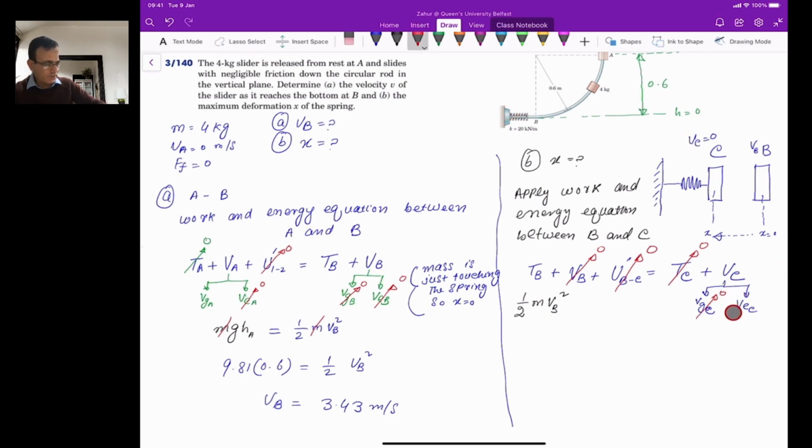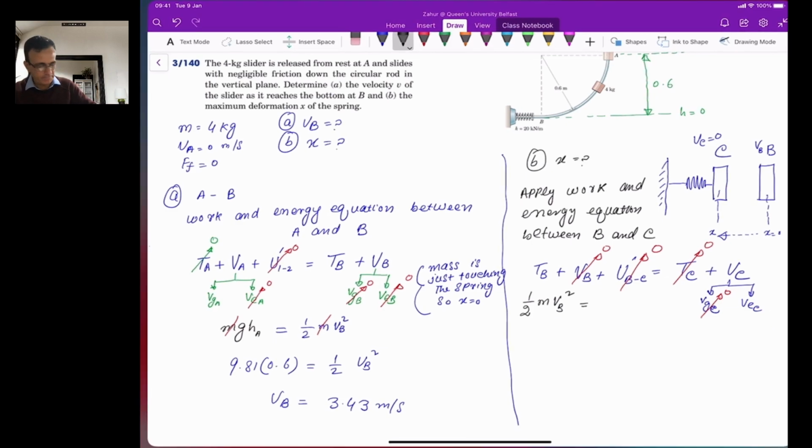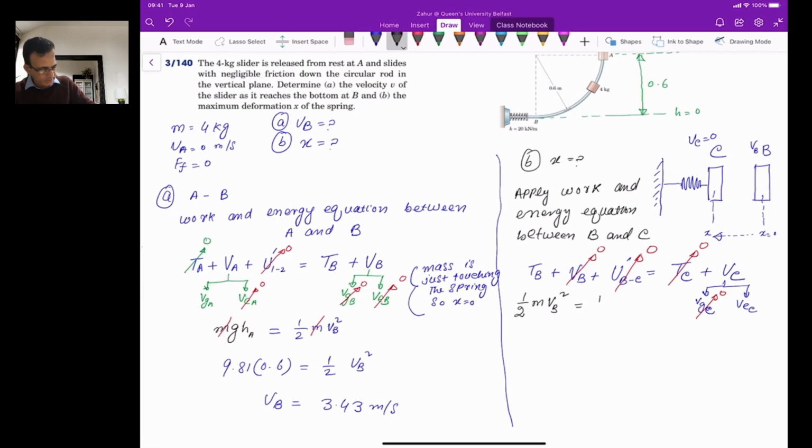The only energy that we will have is the elastic potential energy, because the spring will get compressed. So we will have the elastic potential energy, which is half k xc square.